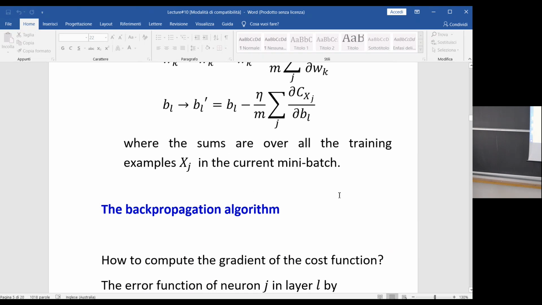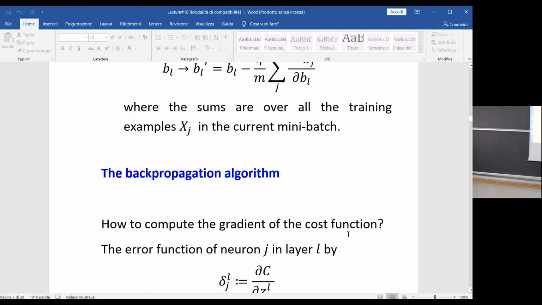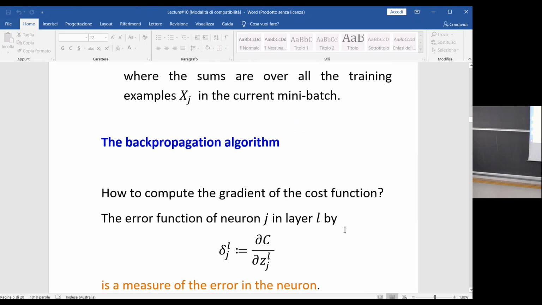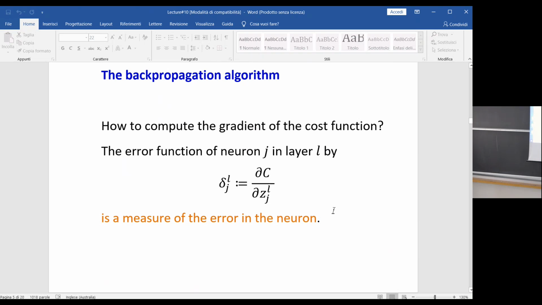Then, in order to evaluate the partial derivatives of the cost function, we consider the backpropagation algorithm in the following way. So we introduce a new parameter.